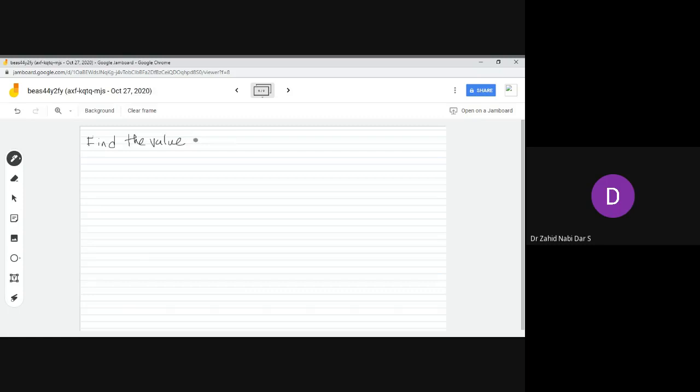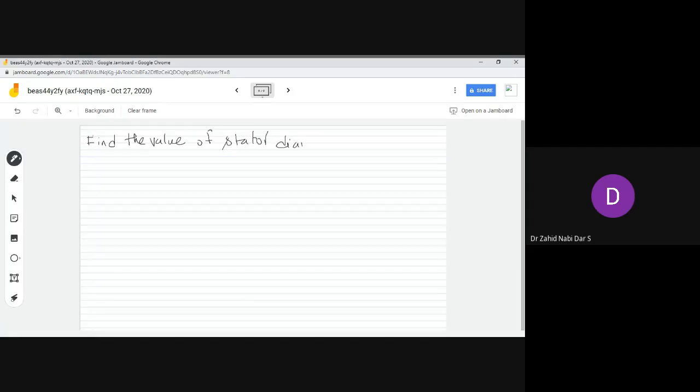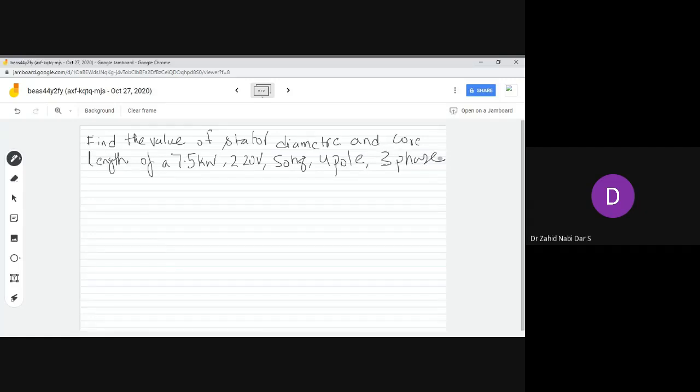Find the value of stator diameter and core length of a 7.5 kW, 220 volt, 50 hertz, 4 pole, 3 phase induction motor.